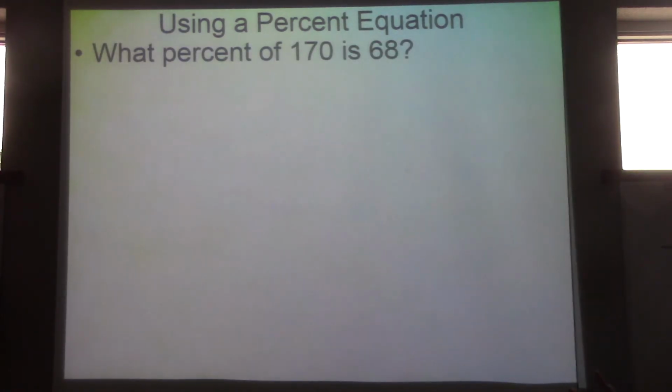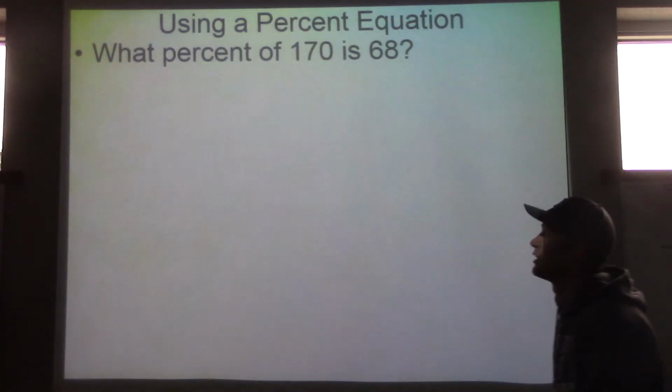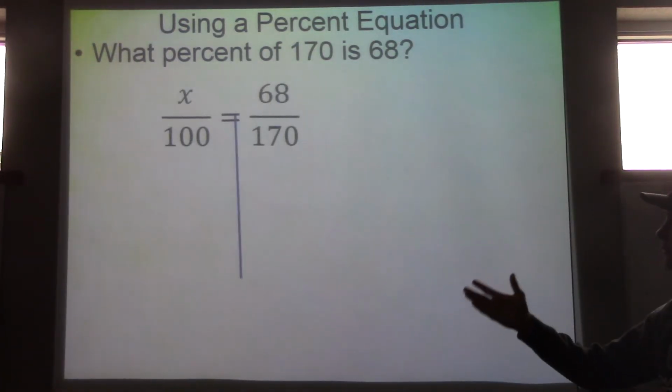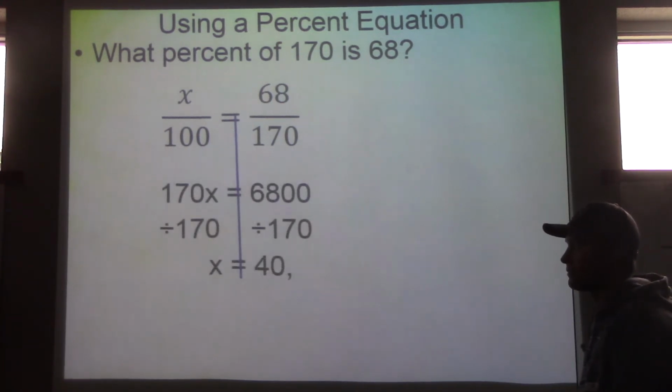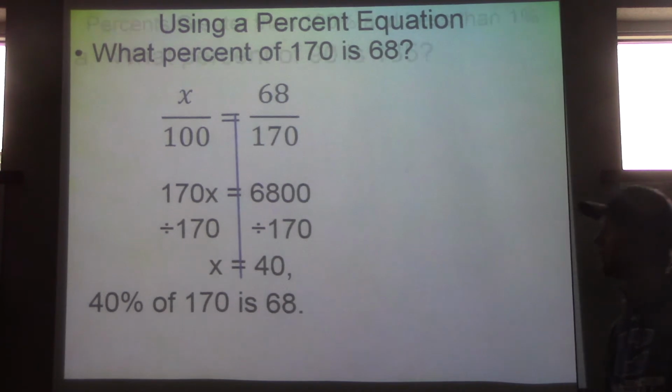Finishing up with some percents that don't always come out nicely, or they may be way big or way small. What percent of 170 is 68? We don't know the percent, so it'd be x over 100, and then is over of, so 68 over 170. Cross multiply, and then divide to solve for it.